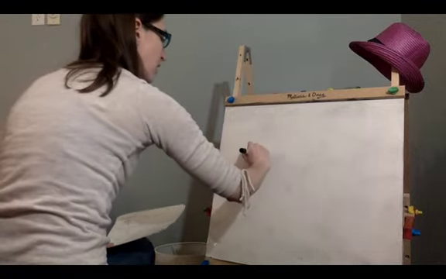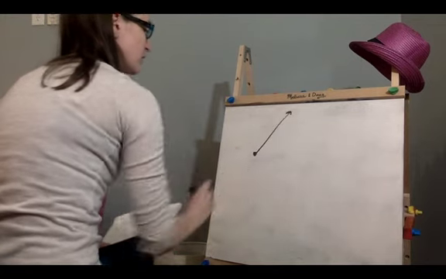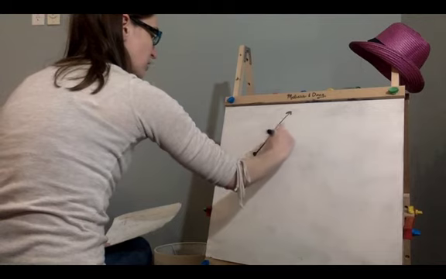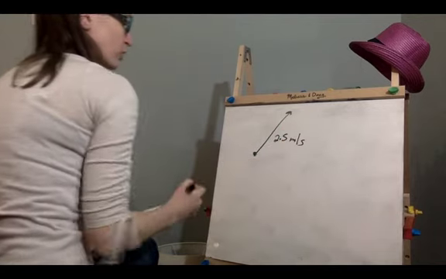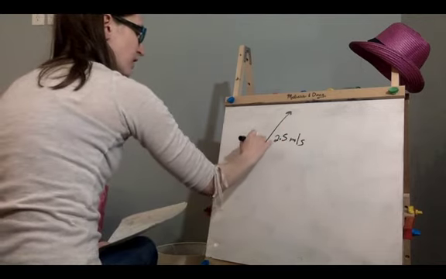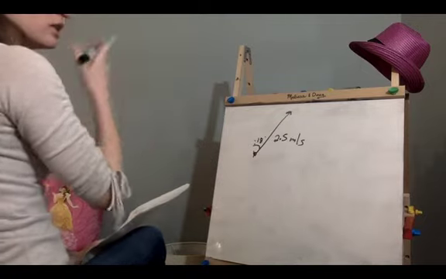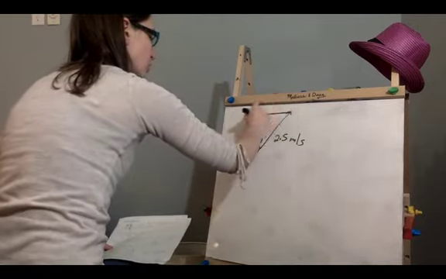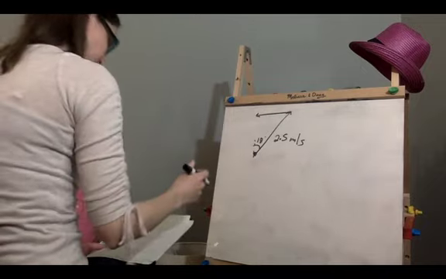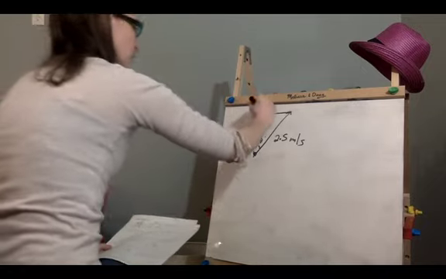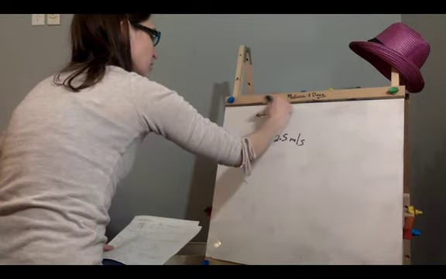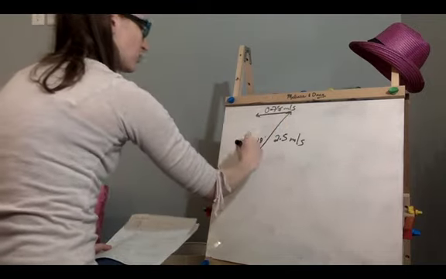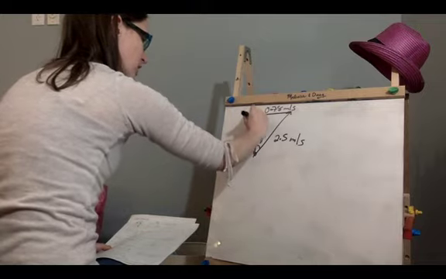Our swimmer is going to head off in this direction at a speed of 2.5 meters per second at an angle of north 18 degrees east. And we know the current is going to push in this direction with a speed of 0.78 meters per second, and because of that, we end up exactly over here.